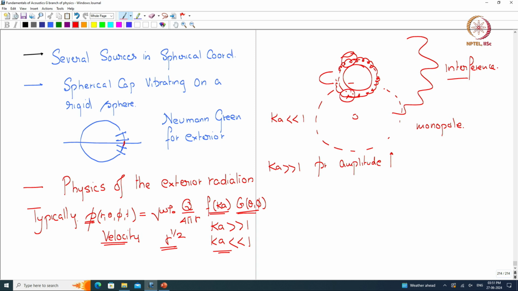And there will be very rapid oscillations as frequency goes up. As Ka goes up, you will have more and more rapid oscillations, etc. We saw many of these features in exterior radiation. With this, we wrapped up the exterior radiation part.